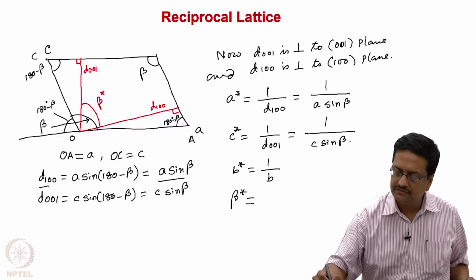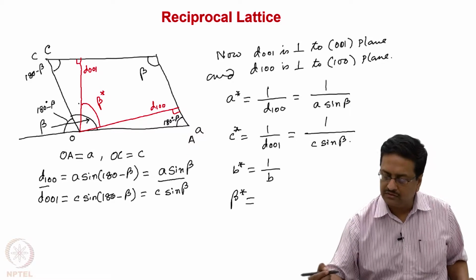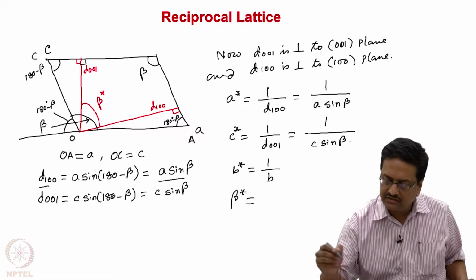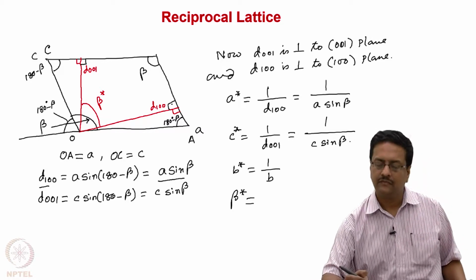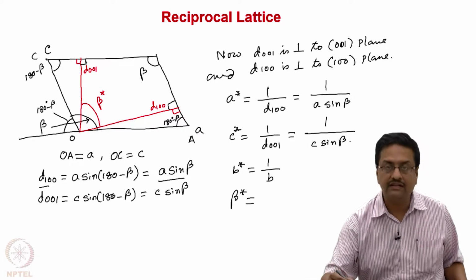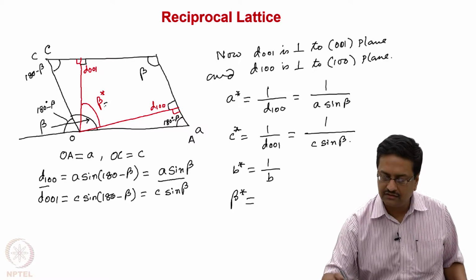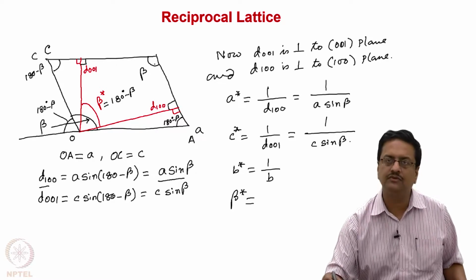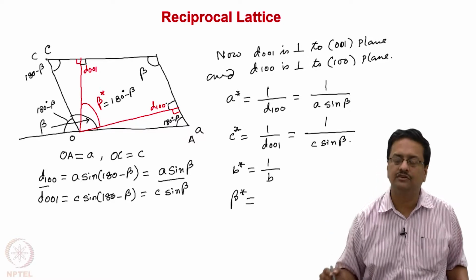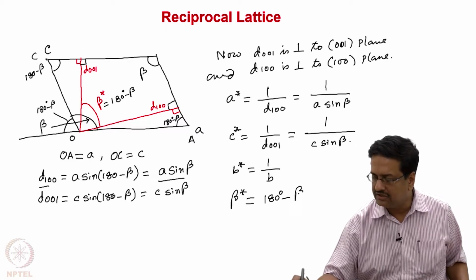In case of this figure, you have this angle and that as 90 degree. So, in case of this quadrangle, two angles are 90 degree. So, this is 180 plus beta. So, this angle is nothing but equal to 180 minus beta, because these two angles should correspond to 180 degree because the other two angles correspond to 180 degree. So, beta star is equal to 180 degree minus beta.